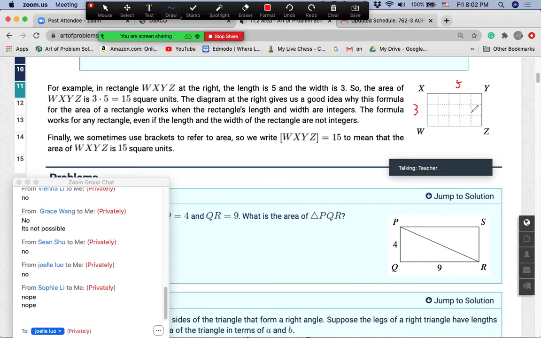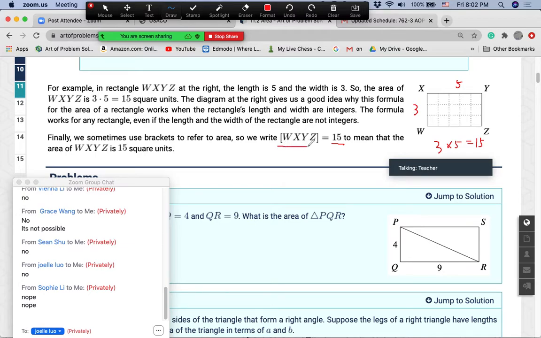How many little squares can fill this rectangle? That's definitely 3 by 5, which equals 3 times 5, which equals 15. You need 15 little squares to fill this rectangle. So that means the area of this rectangle equals 15.